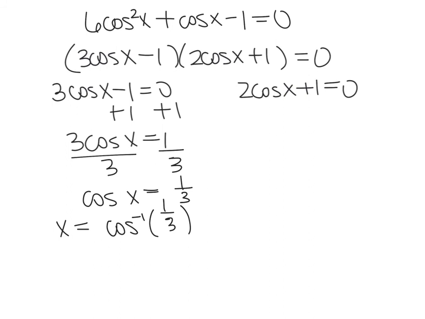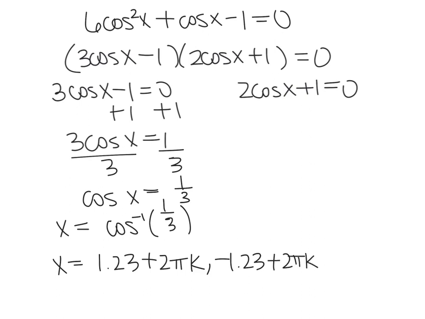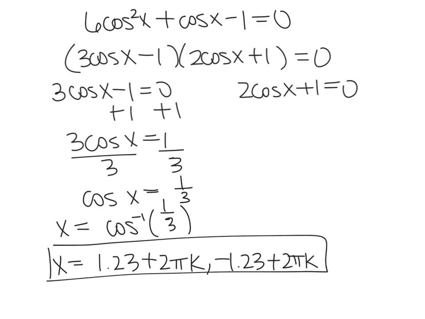It is within the range. So our solutions are going to be 1.23 plus 2 pi k and negative 1.23 plus 2 pi k. To get the 1.23, I just used the calculator to find cosine inverse of 1/3.